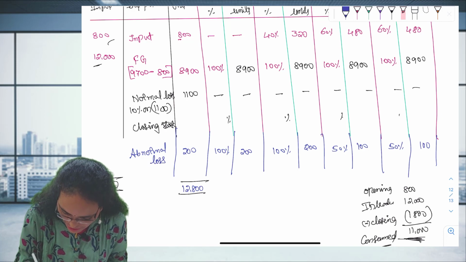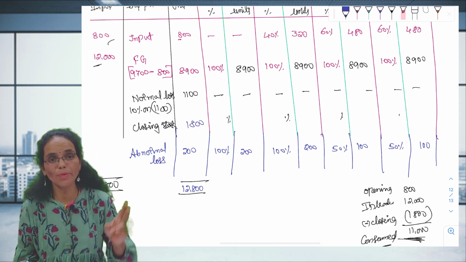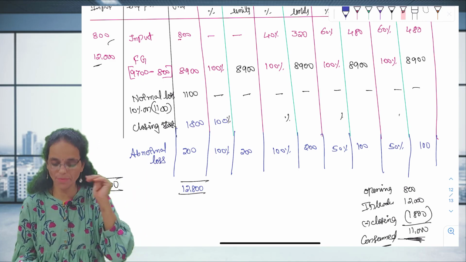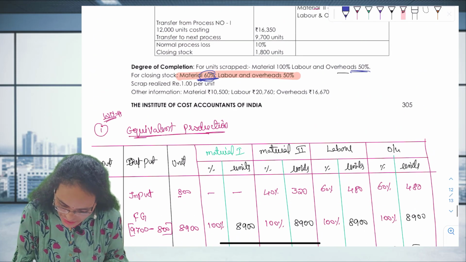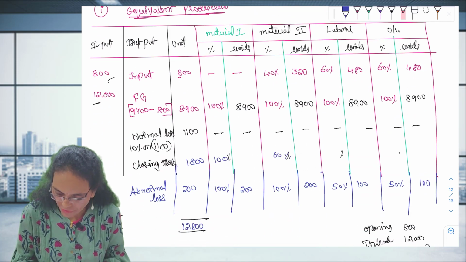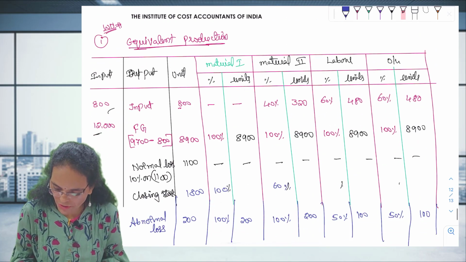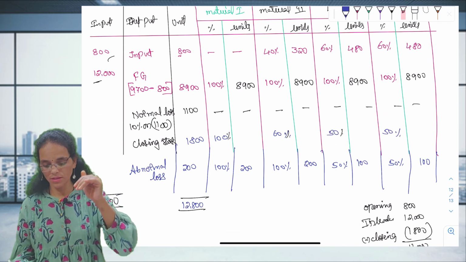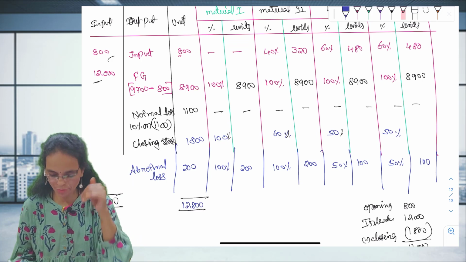Closing stock 1,800. 100% of material 1 is completed as per the assumption of ICMAI, and 60% of the second material is finished here. 50%, 50% overhead is finished in the current process.